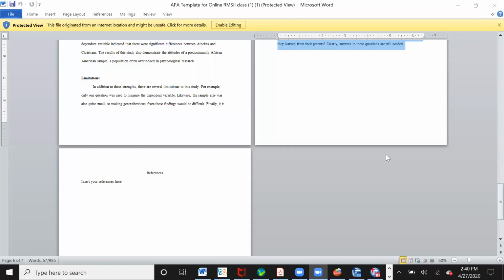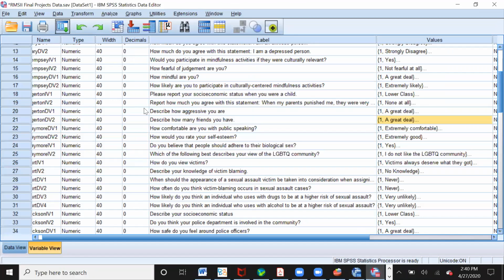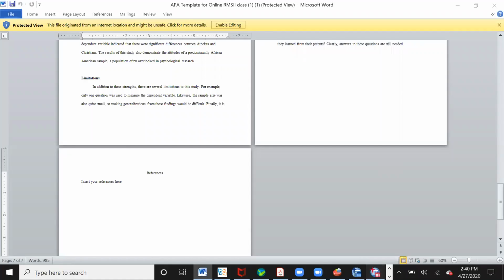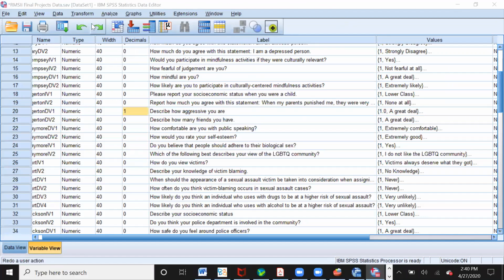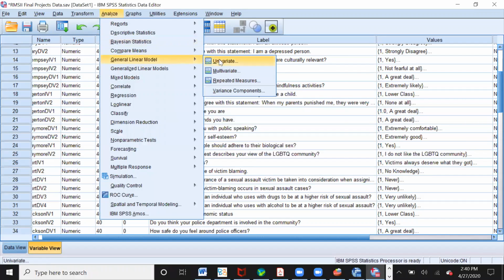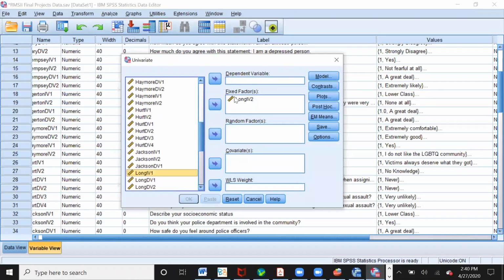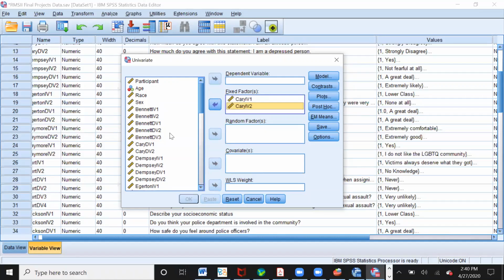All right. So, okay, here's all the data. We're going to do a two-way ANOVA. So we're going to put your independent variables under fixed factor. And your first dependent variable, we're going to put under dependent variable.